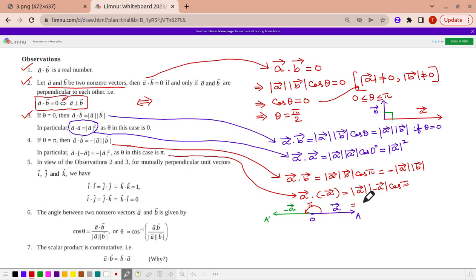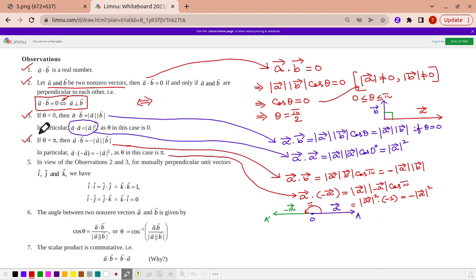So we get mod of A whole square, and we know the value of cos pi is equal to minus 1. So we get minus of mod A whole square, that is the value of A dot minus A. I hope the fourth observation is well understood.